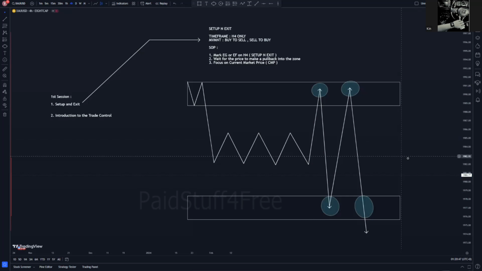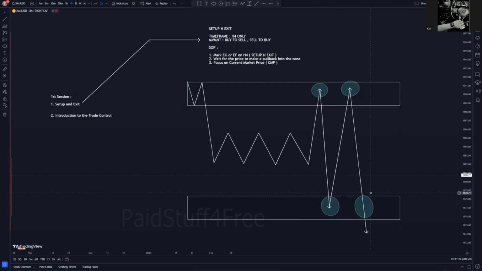So the second famous question is, why do we need to focus on the current market price? I'm going to answer this right now. When the price gets into the sell zone, all of these current market prices, all of the circles that I've circled over here, we will find the answers to our questions: why the price respected the sell zone, why it respected the buy zone, and why it just went through this buy zone.